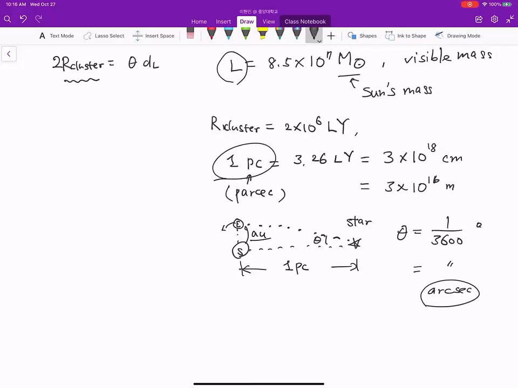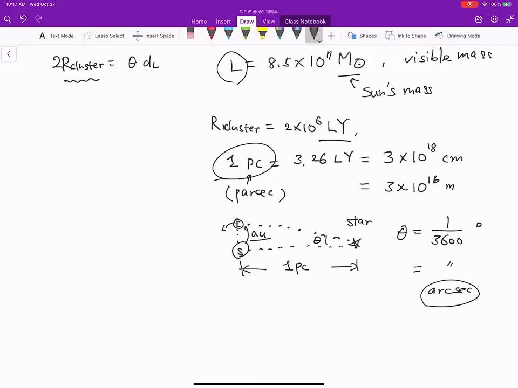So just keep in mind that distance. I don't remember the precise number, but the closest star to the solar system, Centauri, is about a few parsecs from us.